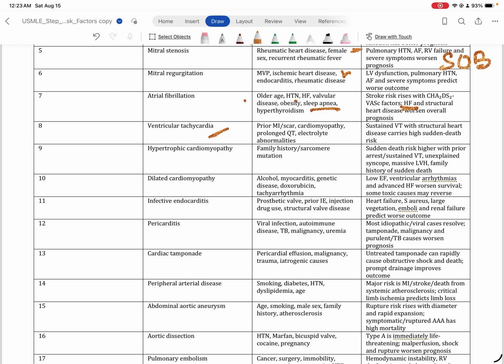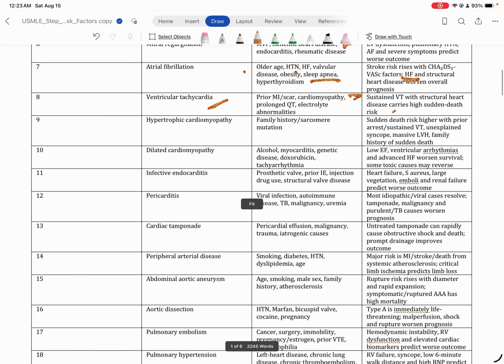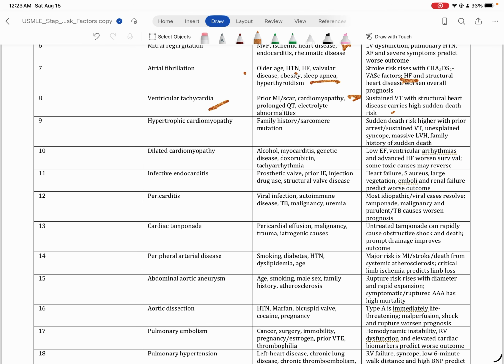Prognosis of ventricular tachycardia is worse with sustained ventricular tachycardia, with structural disease, for example wall perforation or rupture, and this also carries high sudden death risk. So ventricular tachycardia is a very serious condition, and the prognosis can be sudden death because of untreated ventricular tachycardia or worsening VTAC despite treatment.